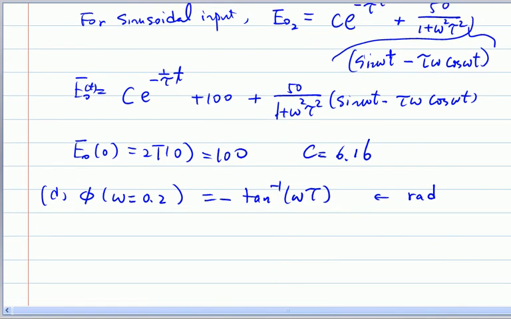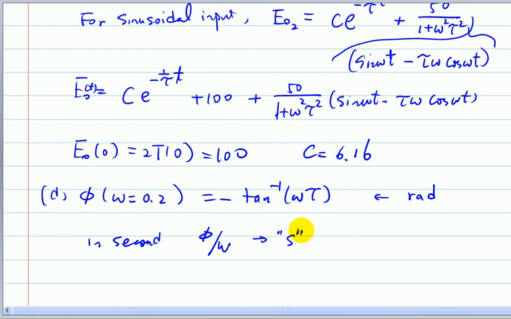And if the question asks what the time lag is in seconds, what you do is simply phi over omega. With the corresponding omega here, you get this one in seconds. So that's how you get it. That's this big question.